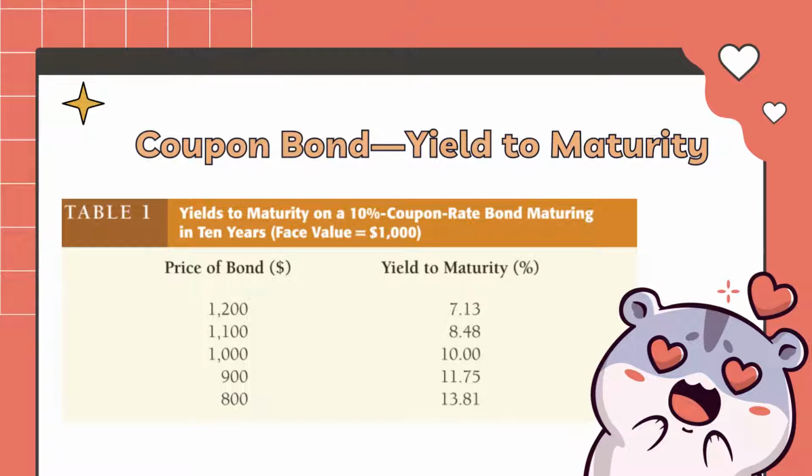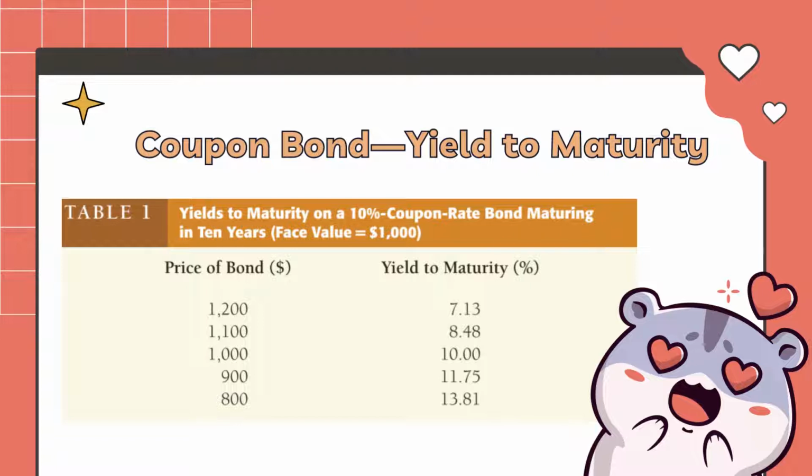Ang face value natin is 1,000. Tignan nyo, mas mataas ang yield to maturity natin compared dun sa ating fixed coupon rate. Nakikita nyo yung relationship nila. Kapag mababa ang price of the bond sa face value, mas mataas yung yield to maturity natin compared doon sa ating coupon rate.